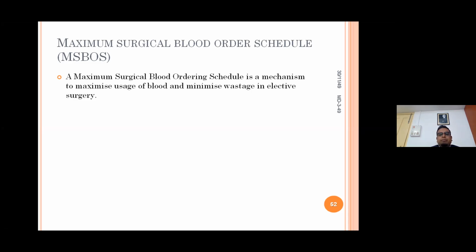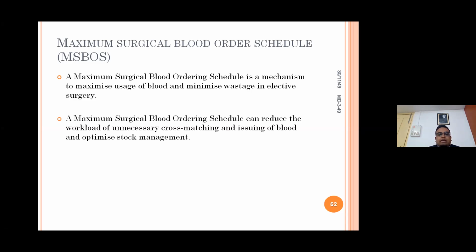So if you are planning an elective surgery, we usually use this schedule. This can reduce the workload of unnecessary cross-matching and issuing of blood and optimize the stock management, so there is no unnecessary usage or cross-matching of blood.